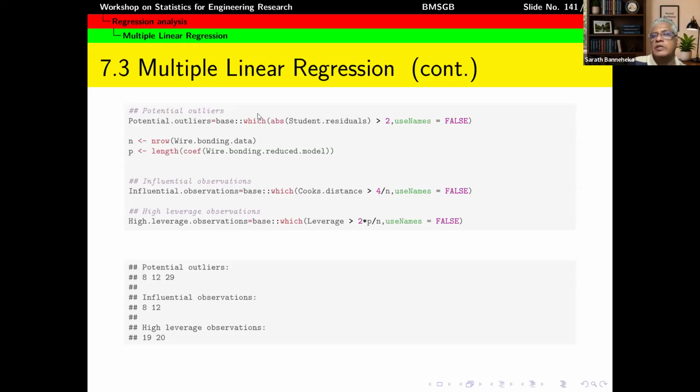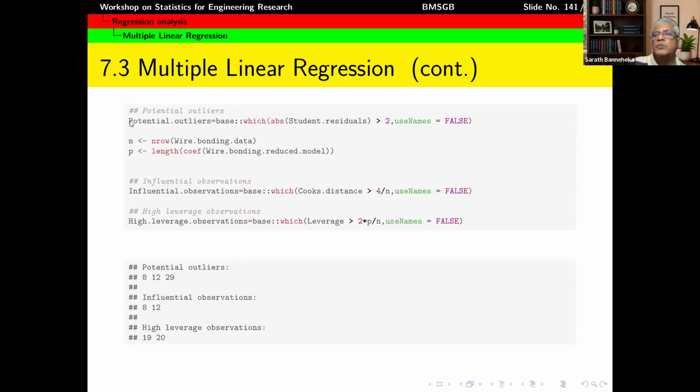For a standard normal random variable, about 95% of the observations are within +2 and -2, so we expect only 5% of the observations to be larger than 2 in absolute value. To check whether it is reasonable to assume the standardized residuals are standard normal, we use this criterion. That is the way we define potential outliers.